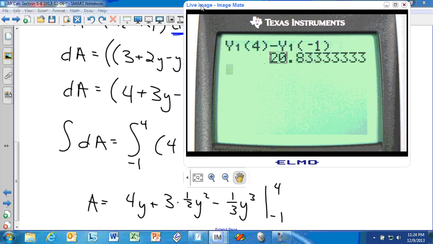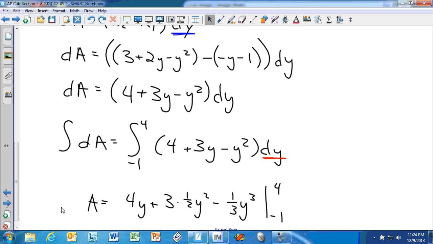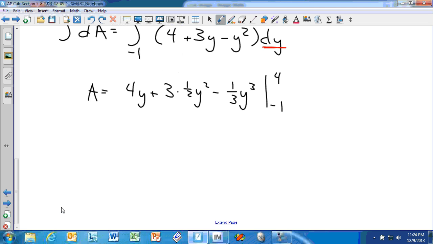And we end up with 20.83 repeating, which I guess you can write it that way. 20.83 repeating, 833. Remember to put 3 decimal places. Of course, .83 repeating there is what, 5/6? So this is actually 20 and 5/6.